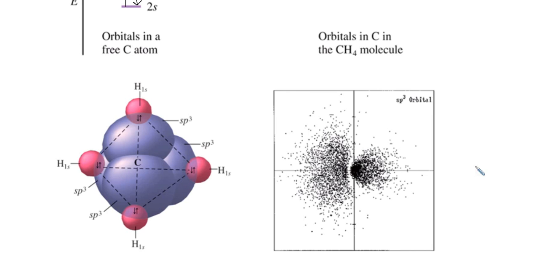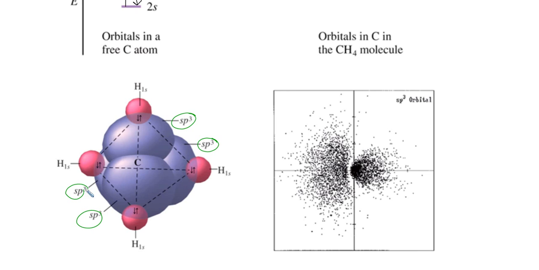Around carbon, it'll show its 4 sp3, 2, 3, 4. It's in 3D, so it's hard to see a little bit. But around carbon, you've got those 4 hybrid sp3 bonding orbitals, and then they're just going to overlap with the 1s orbital of hydrogen.